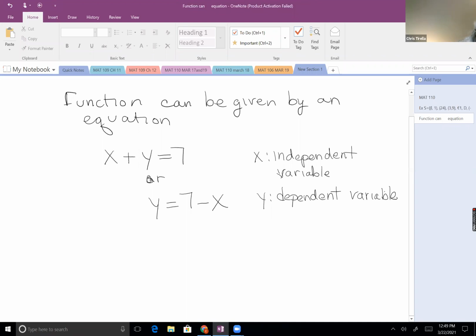Usually when we're looking at a function, we want to solve for y. And this is a function because any number I put in for x, I will only get one corresponding y value. So it is a function.